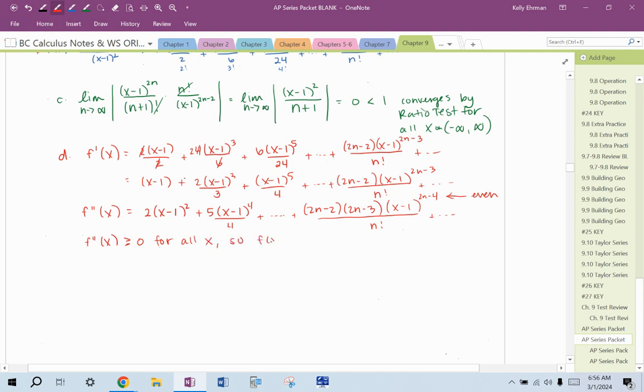So f of x is always concave up. That means that there are no points of inflection. Make sure you answer the actual question that was asked. There are no points of inflection for f of x.